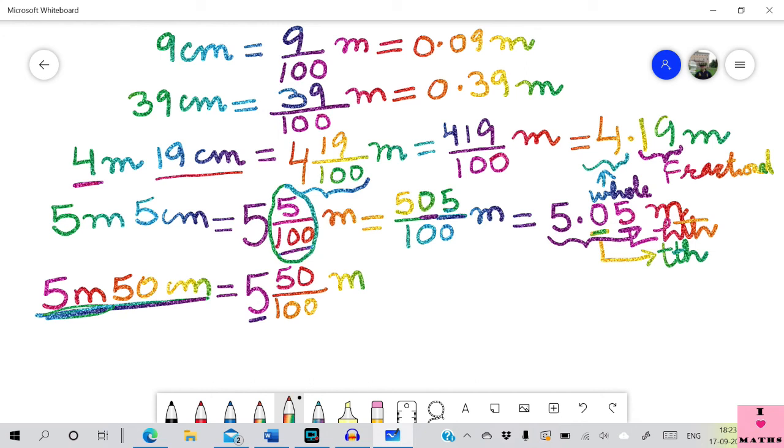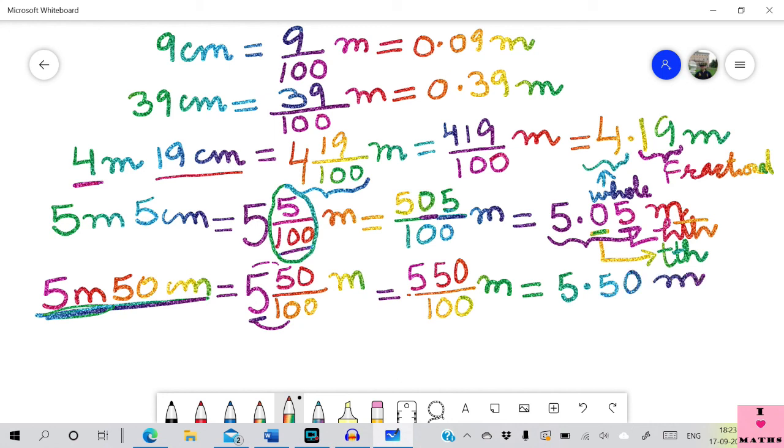So we have written 5 whole. So this can be written in the improper form: 5 multiplied by 100 is 500, and then we will add 50 to it. 550 upon 100 meter. So this is equal to 5.50 meter.